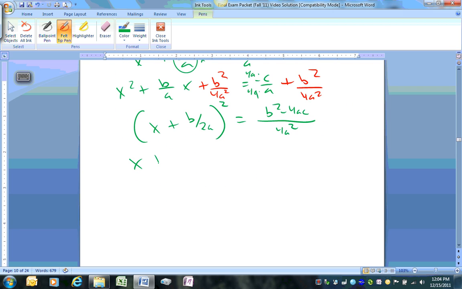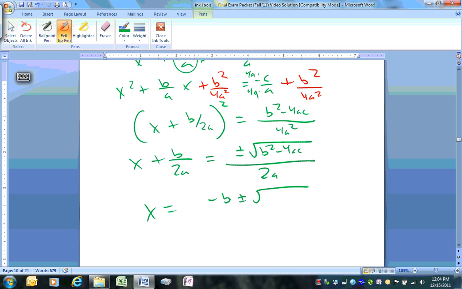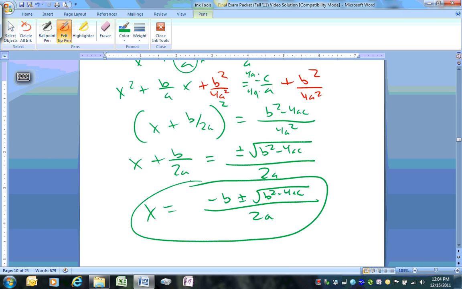So x plus b over 2a equals plus or minus, so square rooting both sides, the square root of b squared minus 4ac all over 2a. Then move that over and combine the fractions. So that's what we do there.